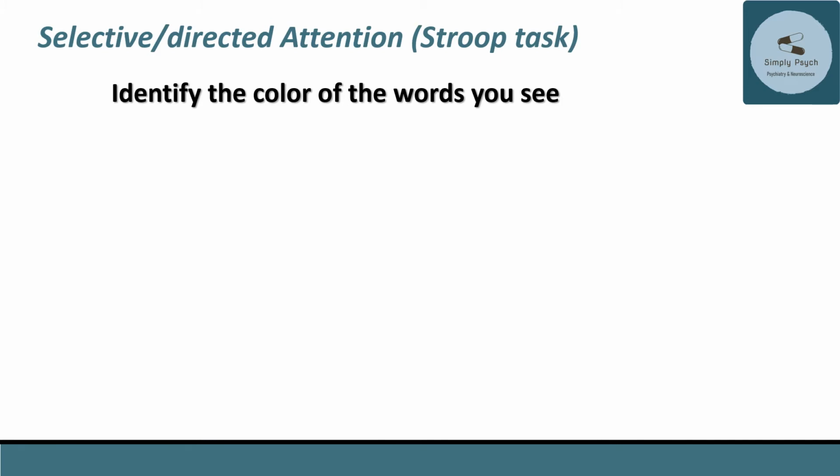So the Stroop task is a way of demonstrating selective directed attention. And again, it's not a highly specific test, but I would say that it does a fairly good job of testing someone's selective or directed attention.